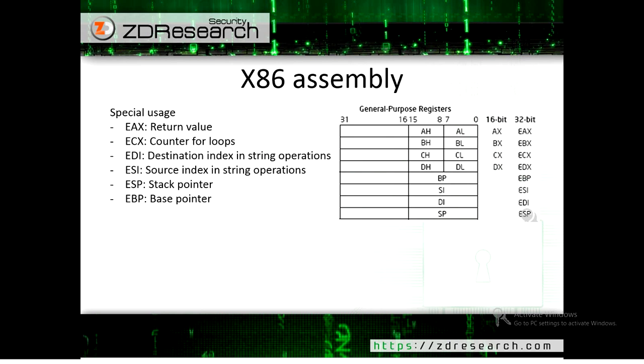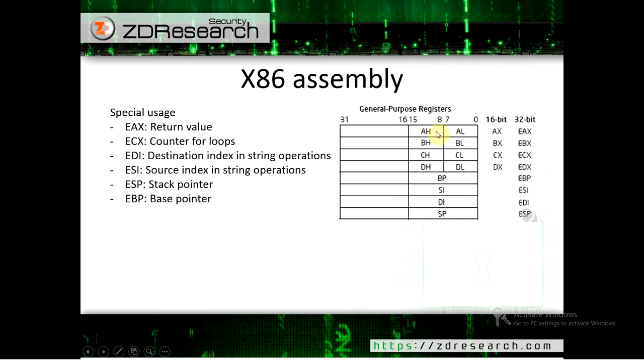General registers can be used for any reason in machine code. You can see here that some of the general registers can be divided into various smaller registers. For example, EAX, EBX, ECX, EDX can be used as 16-bit registers AX, BX, CX, DX, and in this case we just use the lower part of that register.